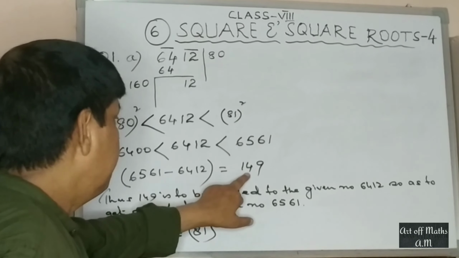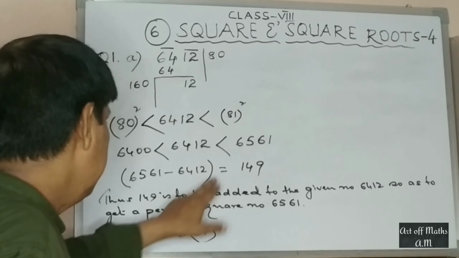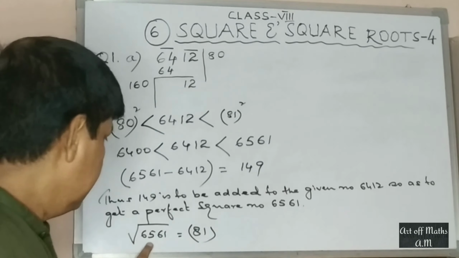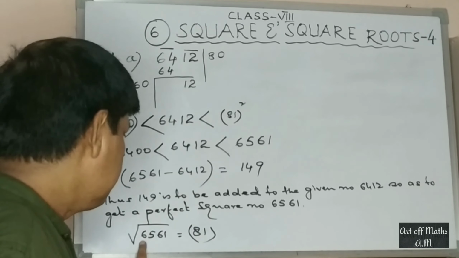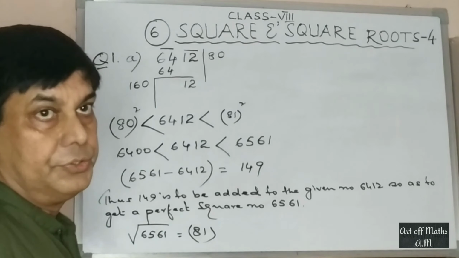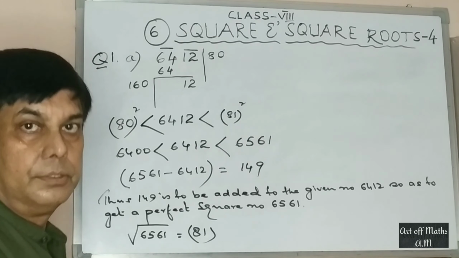So number is 149, which is to be added, and it becomes a perfect square number 6561, and its square root is square root of 6561 is 81. This is the method.